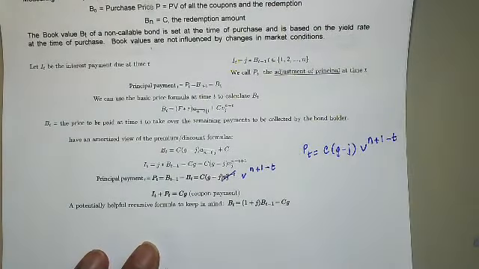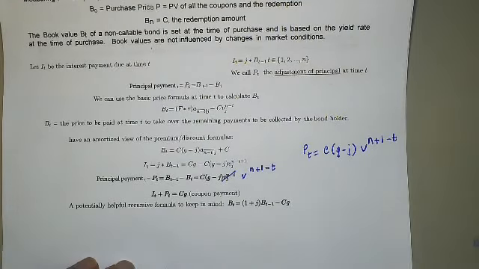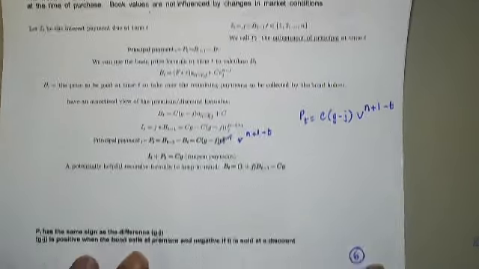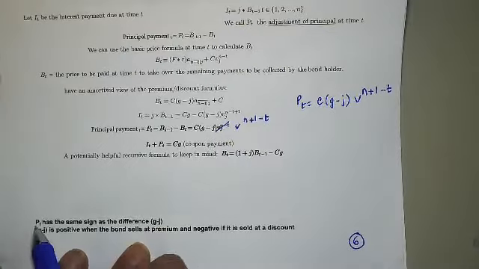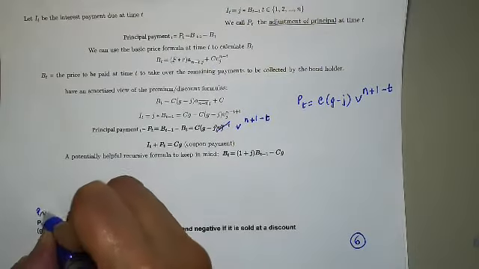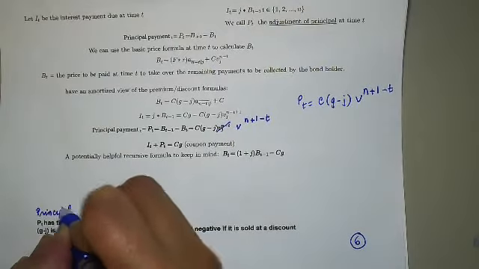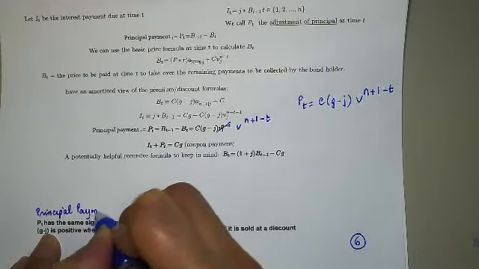P of t is equal to (Cg minus Cj) v to the n plus 1 minus t. That's what I'm trying to say. Let's see what else. I think we're good.